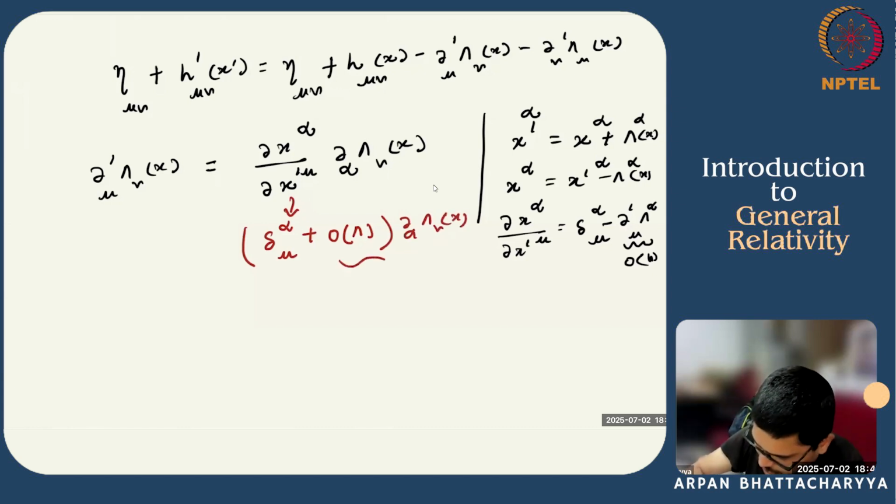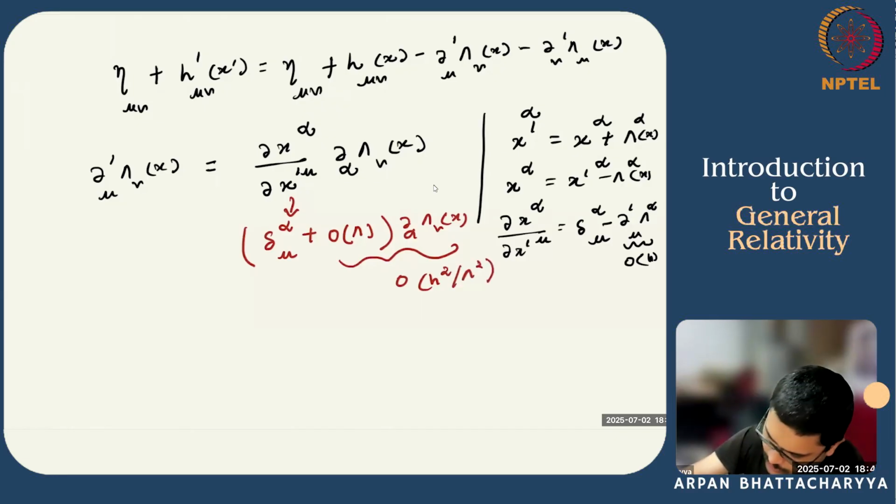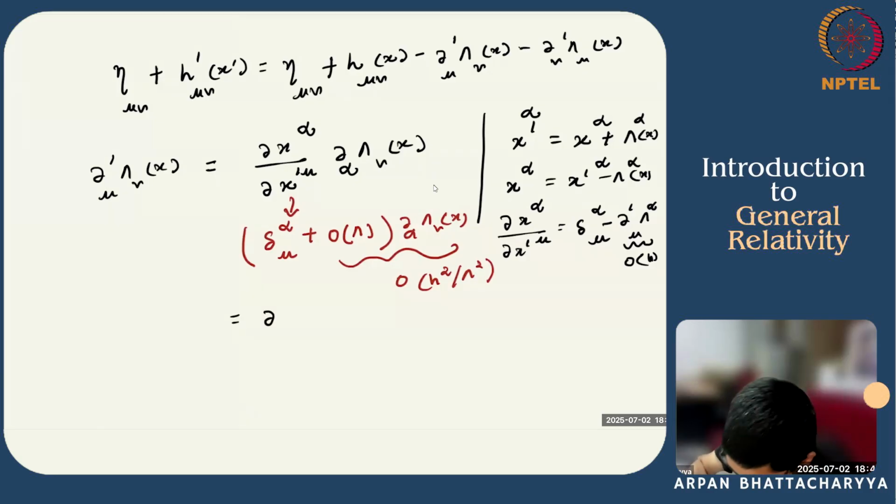Now we can neglect this term because this is of order h squared, lambda squared. So effectively, this term will give you just, at the linear order, delta mu.